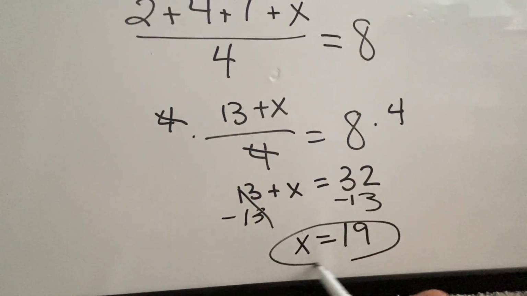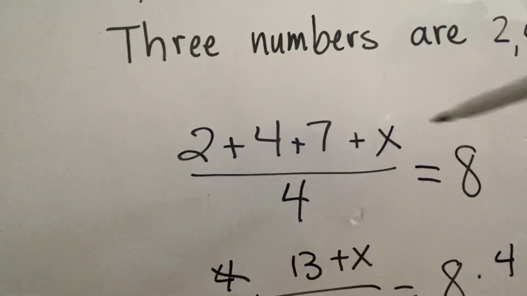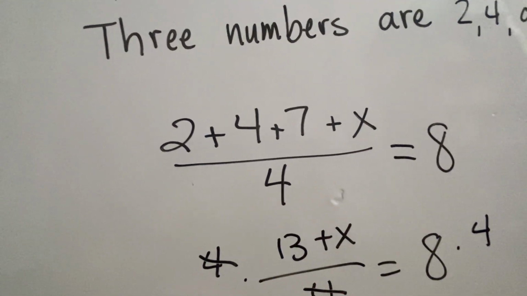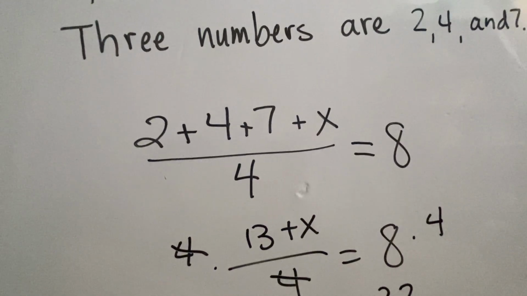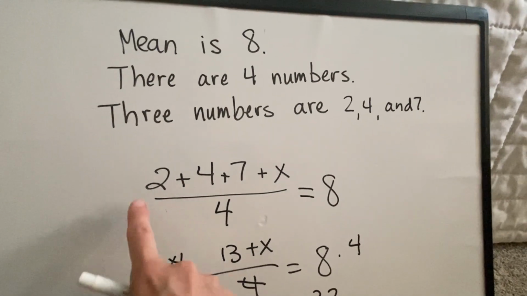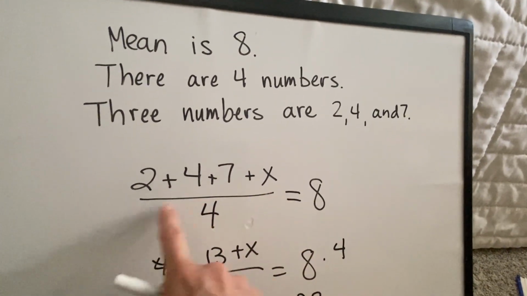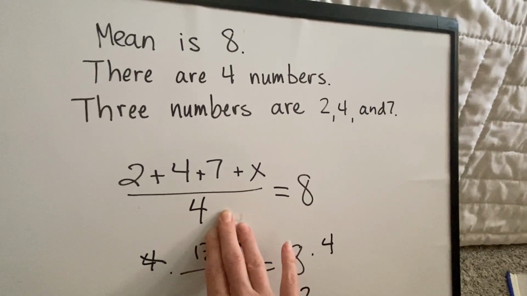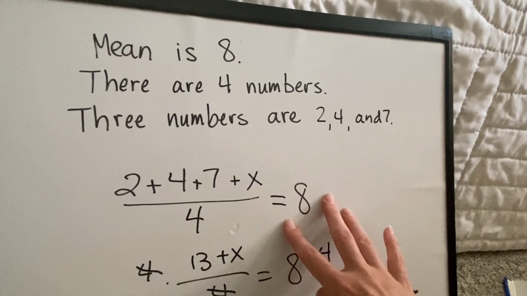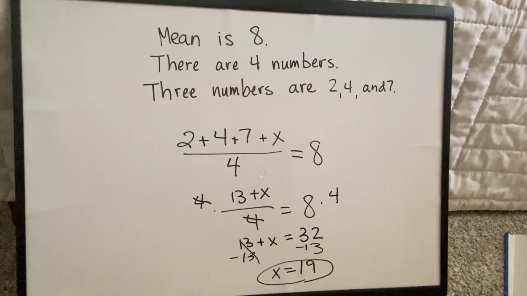So this 4th number, if we put 19 in right there, you should get 2 plus 4 plus 7 plus 19, divide that by 4, and you should get 8 as your answer. So this is how you have to set it up, okay? Add the numbers that you know how to add, put your variable in, divide by the number of numbers that you've been given, put your mean that they're providing over here, and then you just solve it like any of the other equations that we've been solving for.